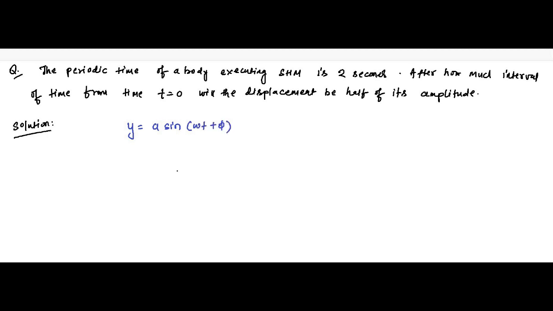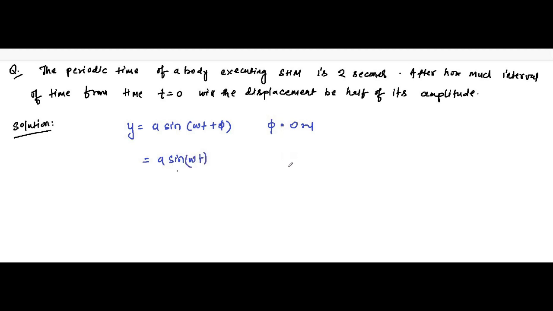A is the amplitude, the maximum displacement on either side of the mean position. Omega is the angular frequency, t is the instantaneous time, and phi is the initial phase. Here nothing has been mentioned about the initial phase, so we will take it as 0 radians. So this equation will become simply a sine omega t.